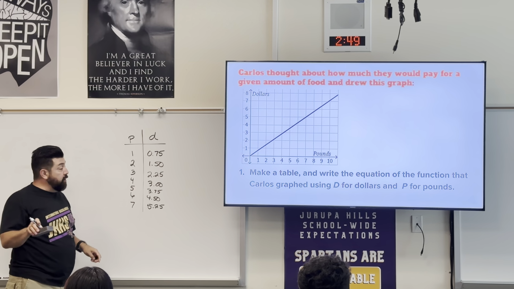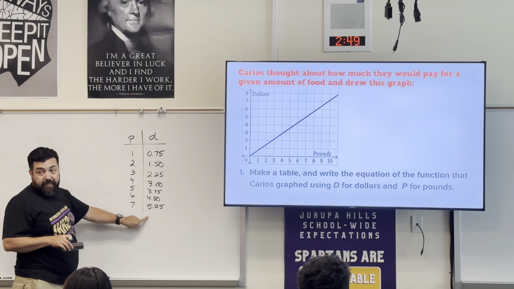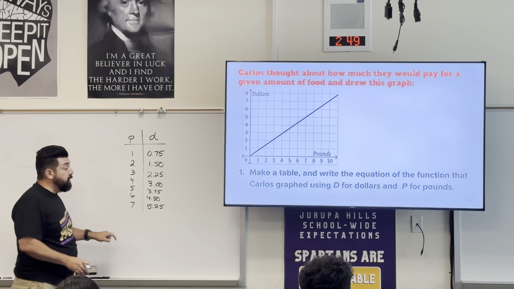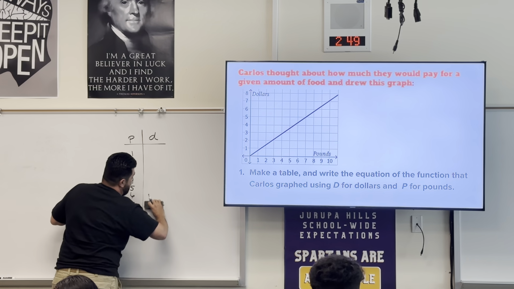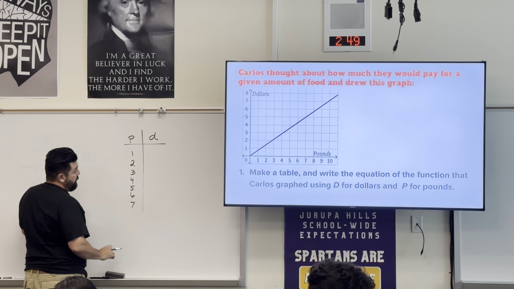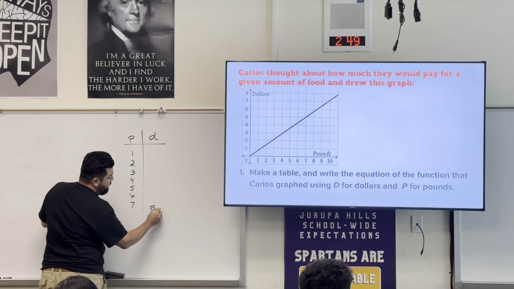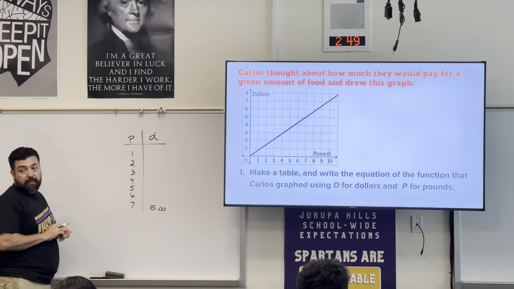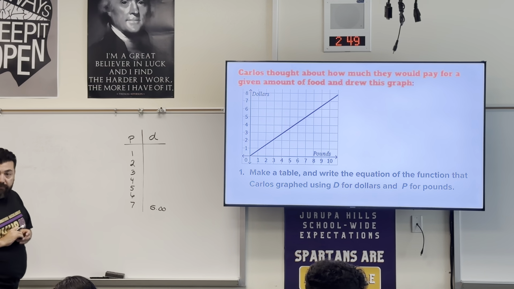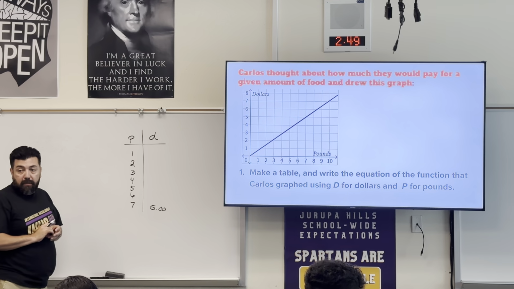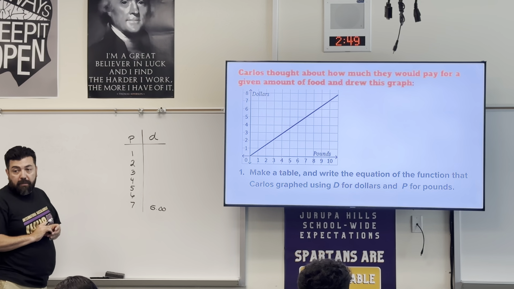Did anyone else in your group get something different than this? You got something different? All right, read to me what you had for the outputs. Well, first I put $0.75. Okay, good, so that's a good start. We know that for sure is correct. And then I actually did increments of 3.5.